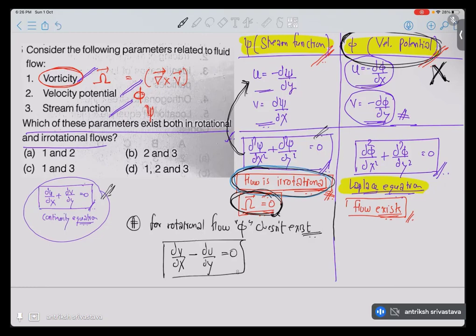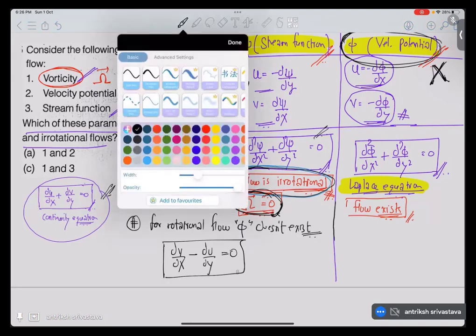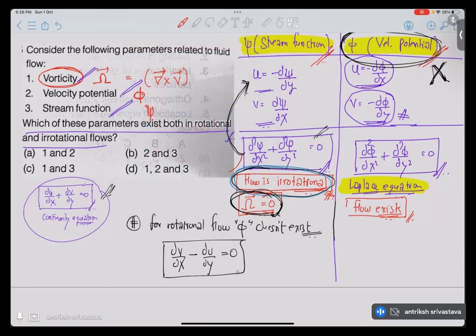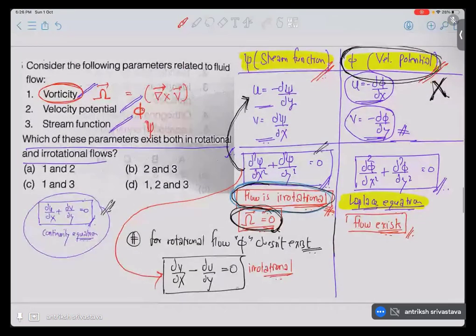So if instead of the stream function following the Laplace equation, you are given something like this, then also you can say that the flow is irrotational. This is a pretty important slide related to all the theories, so if you can try to remember this, then it will be good.